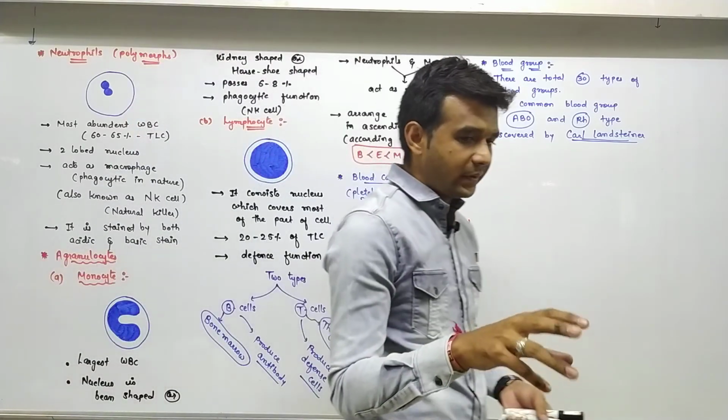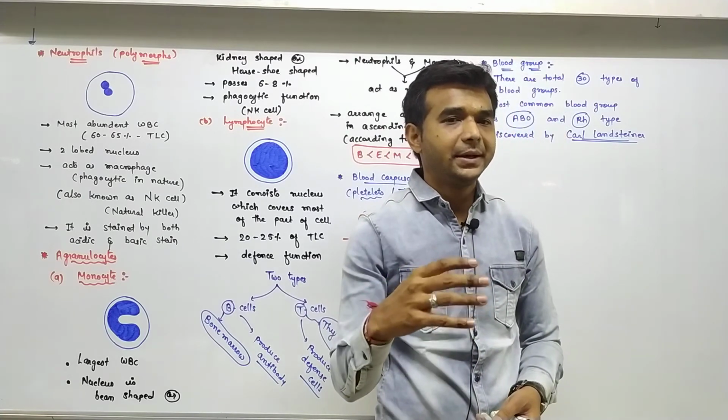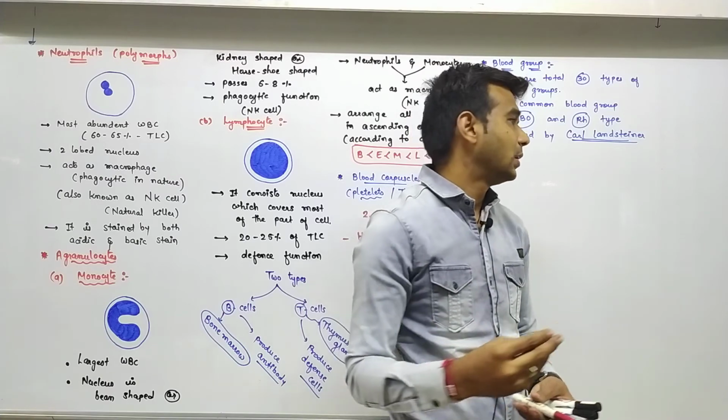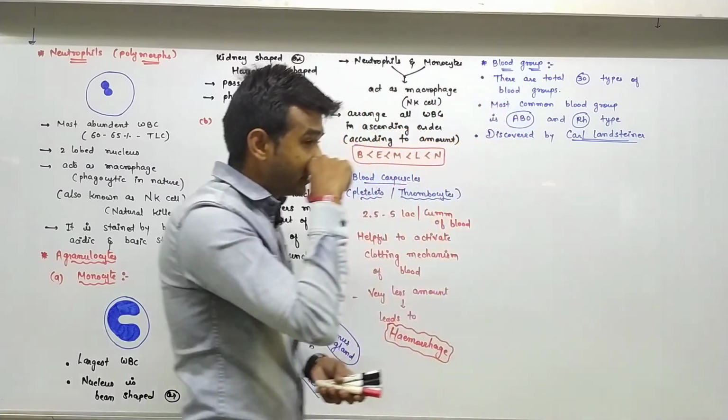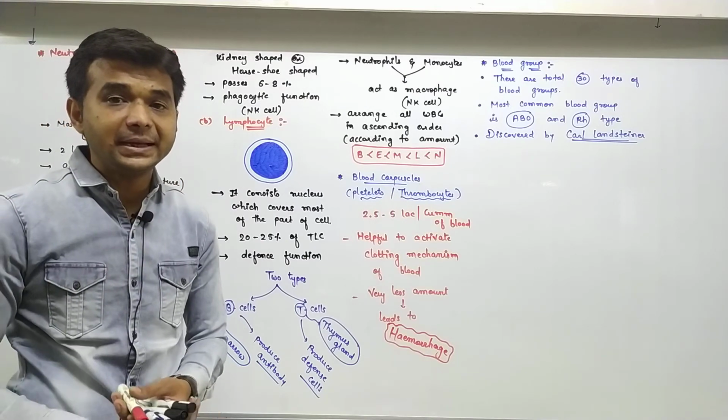First of all we will discuss in detail the ABO blood group and then later on the RH blood group. Actually, one question I want to ask you: is the blood group inherited or not?